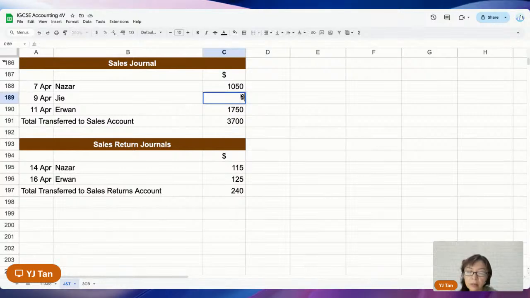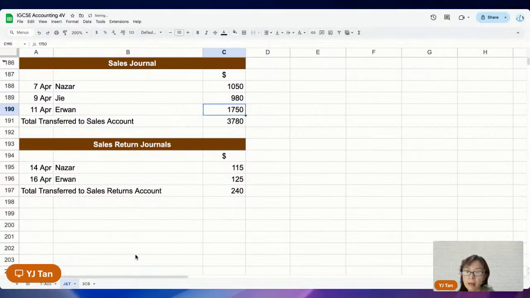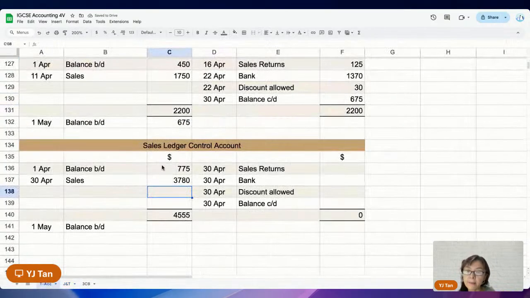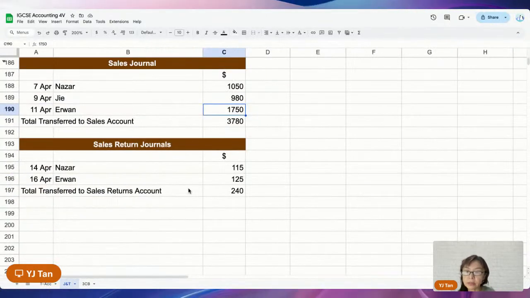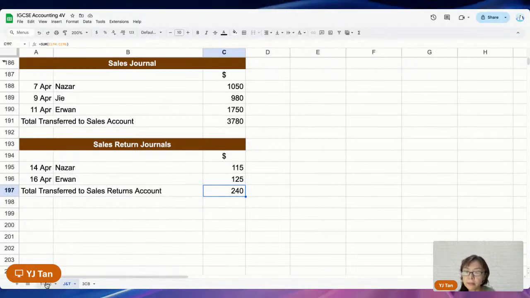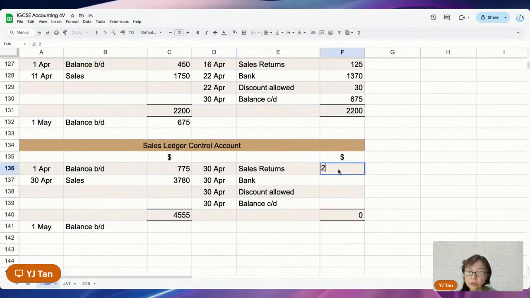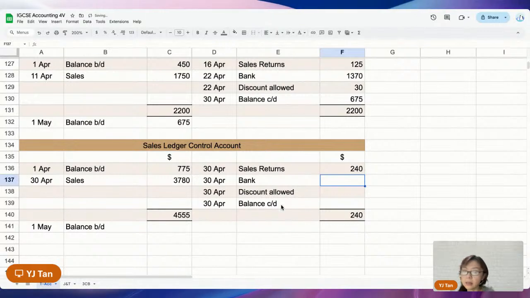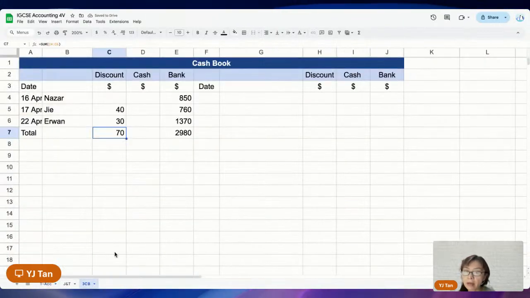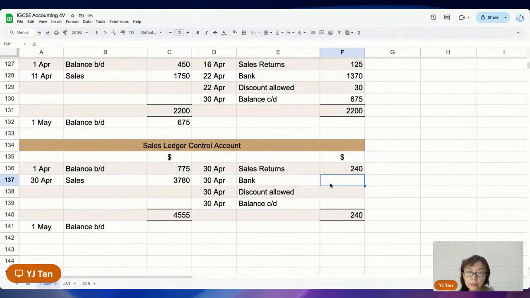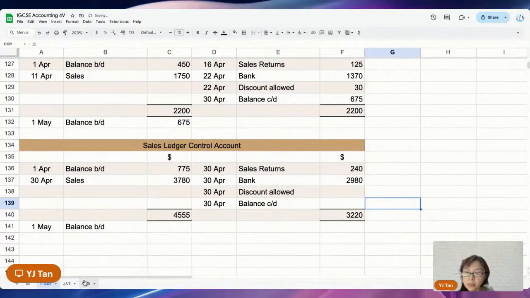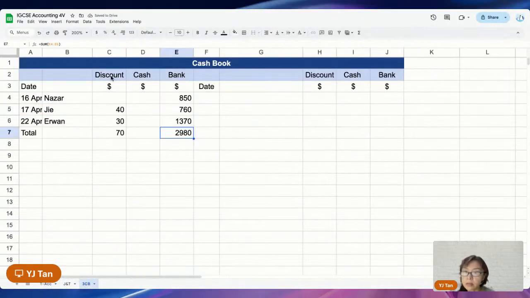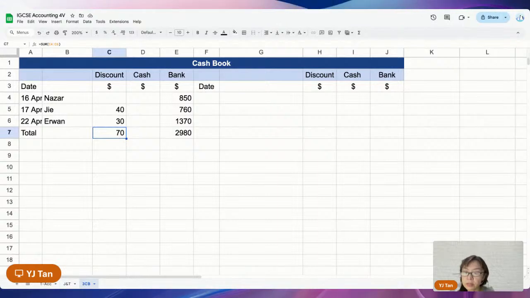Oh, this is 980. Yeah. All right, in terms of sales return, just now in the sales return it was 240. And for the total bank, we go to the cash book. The total bank is 2980. And the discount allowed, how much is that? The discount total is 70.